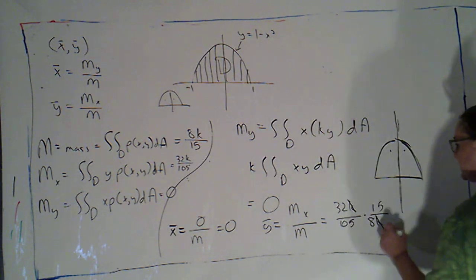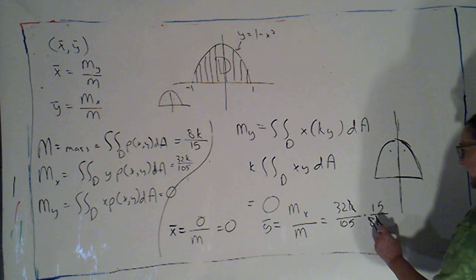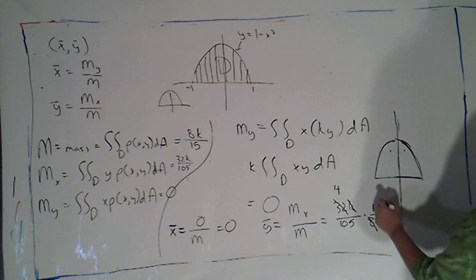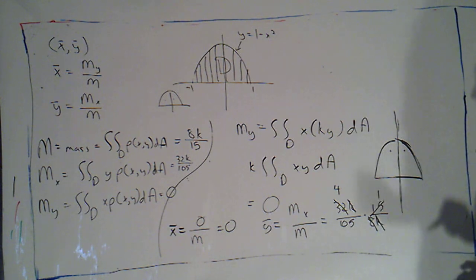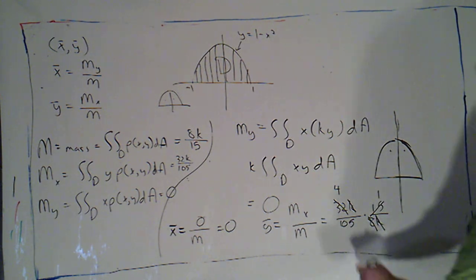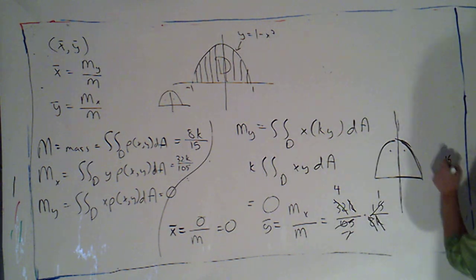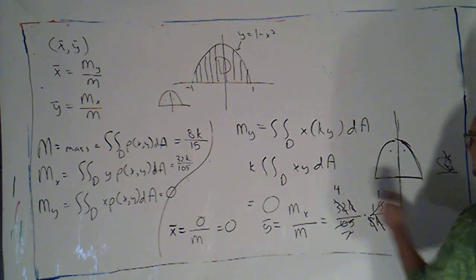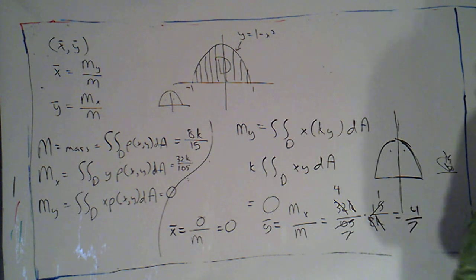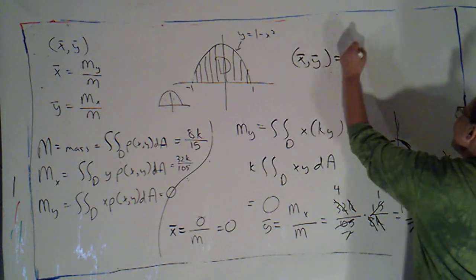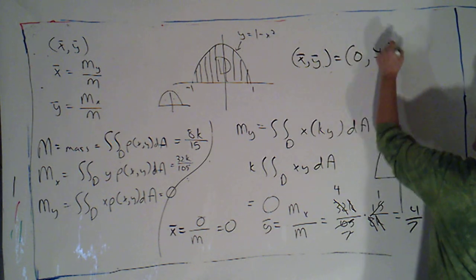As anticipated, those k's cancel. 8 goes into 32 4 times, and 15 goes into 105 7 times, I believe. 15 times 7, yep, goes in. Excellent. So we get 4 sevenths. So our center of mass, x bar, y bar, is 0, 4 sevenths.